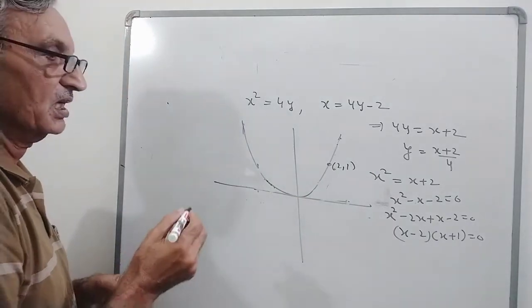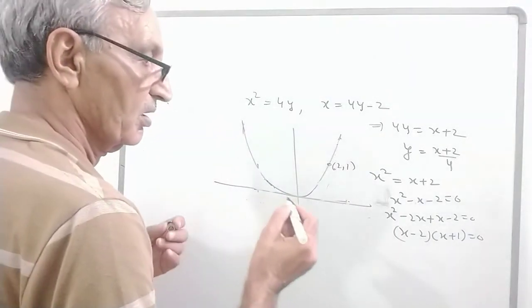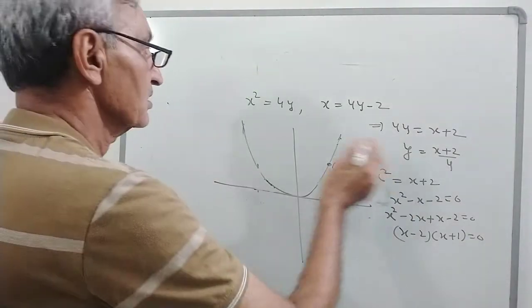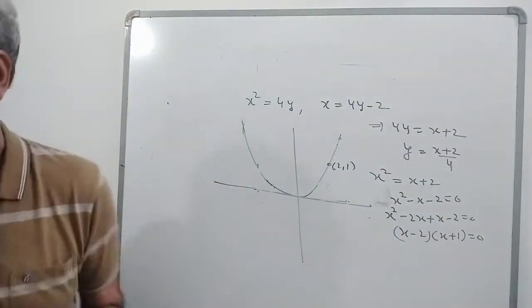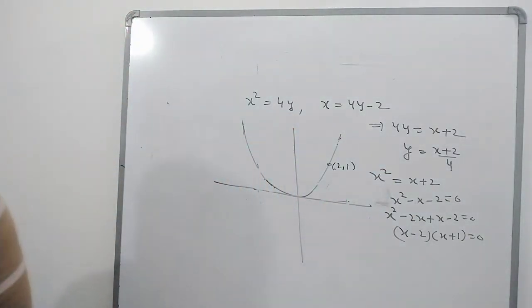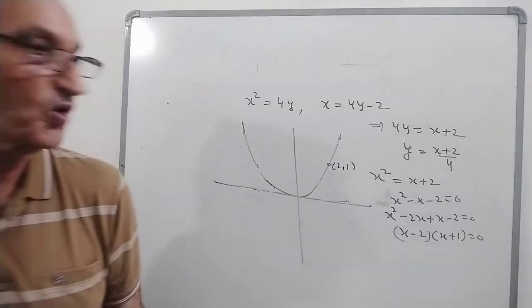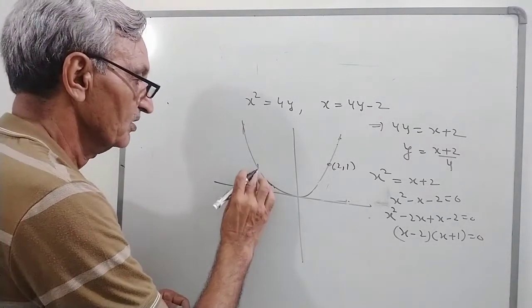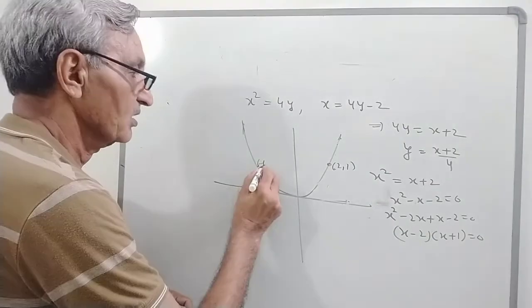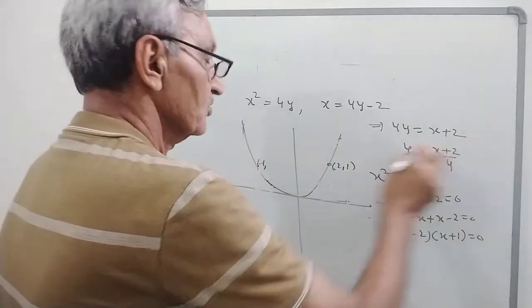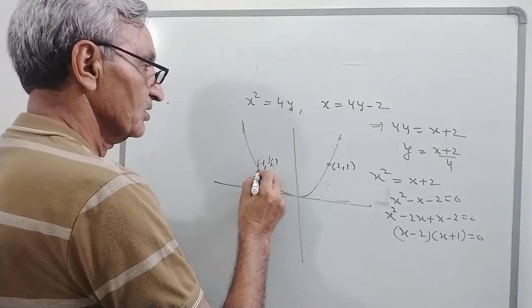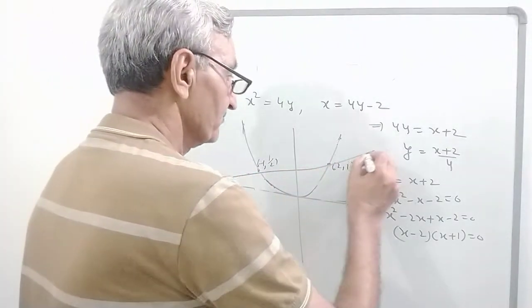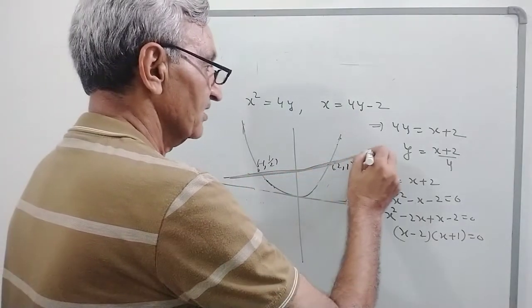And when x is equal to -1, y is equal to 1/2. So this is the line. Okay friends, that was about the line.